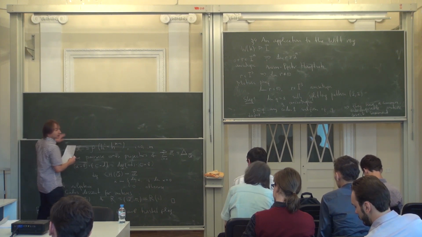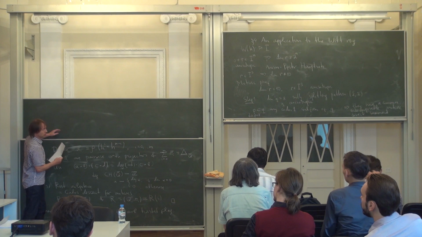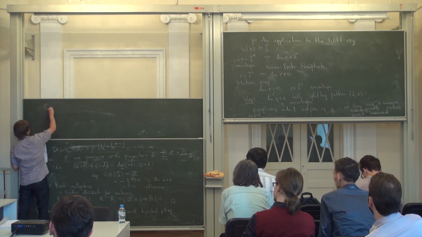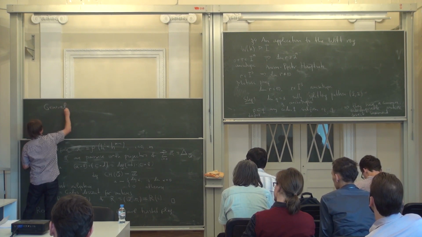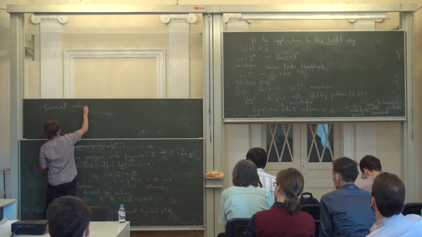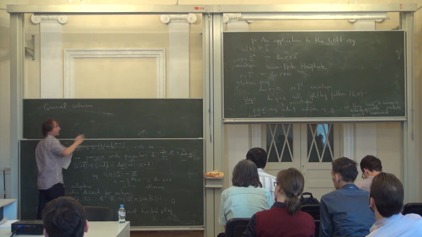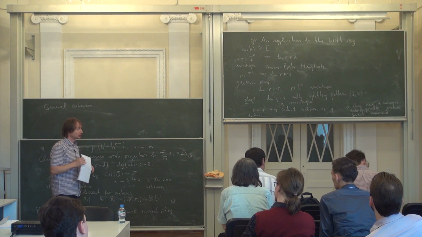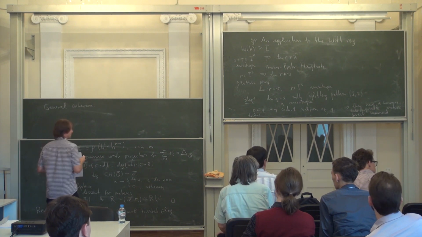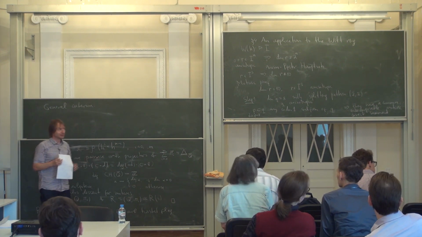Well, there is a general criterion, which is actually not difficult to prove, to decide when the motives of two quadrics have a common direct summand.